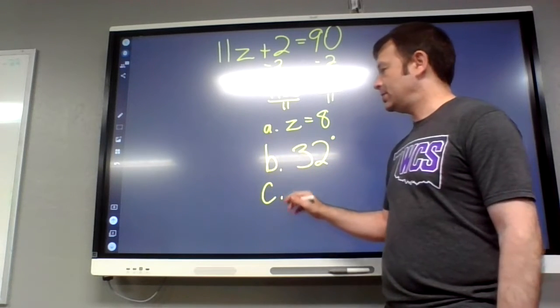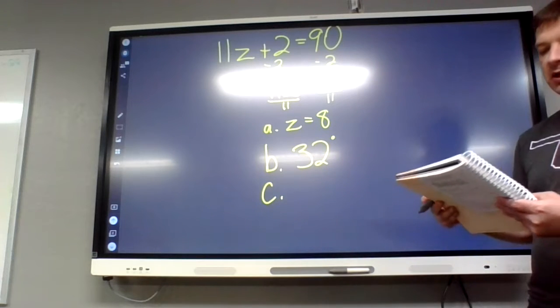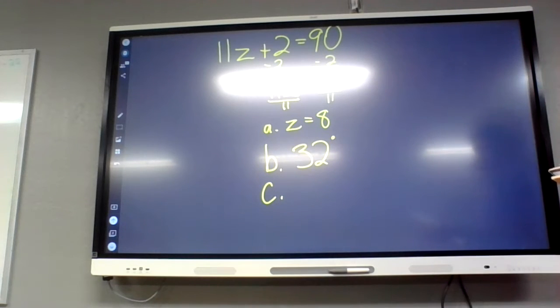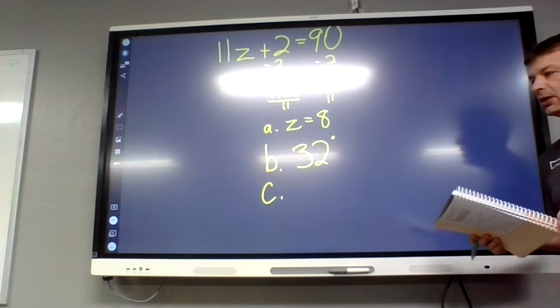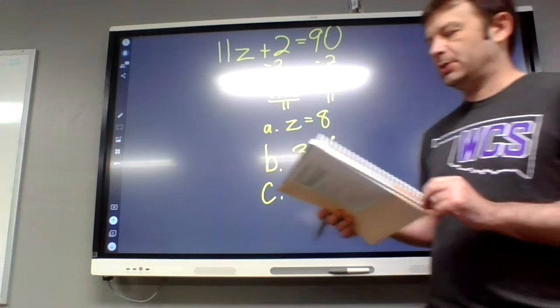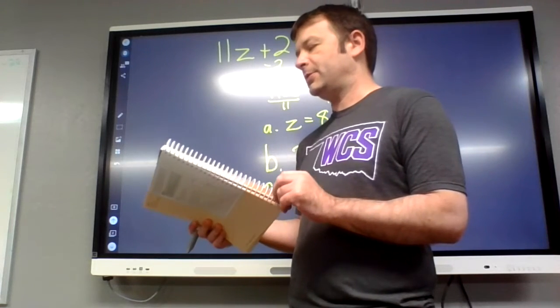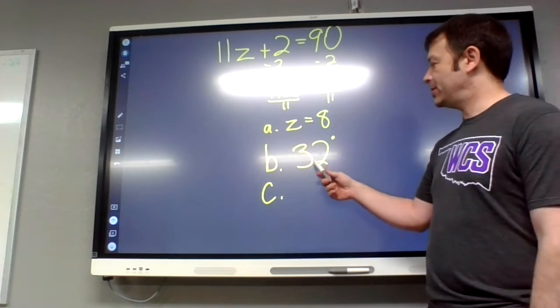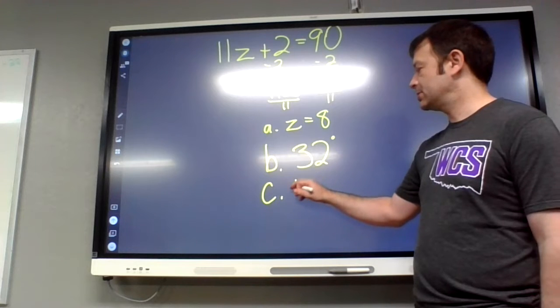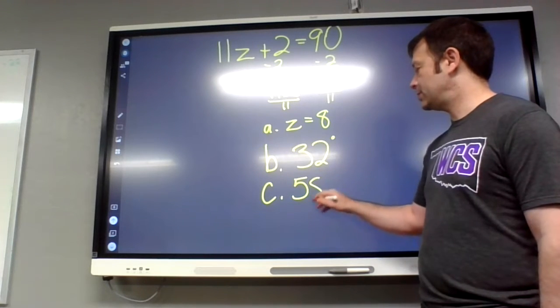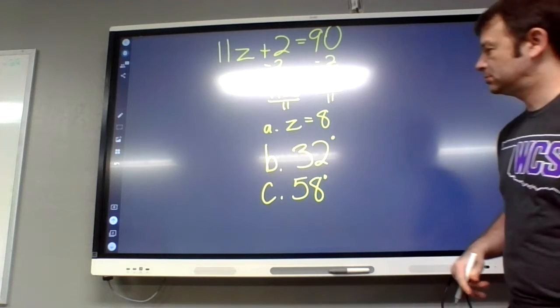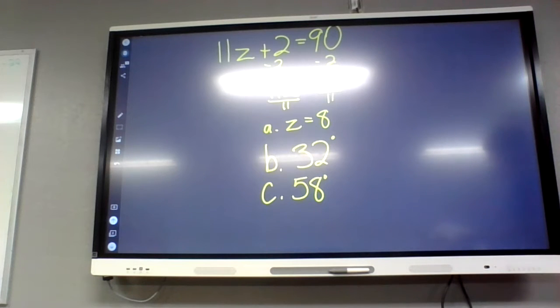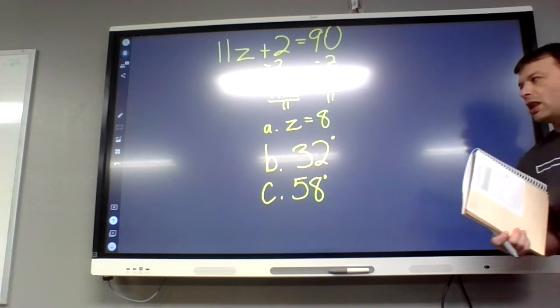And on C, it's asking for angle GHK, or JHK, the bottom angle. You could plug in the z value of 8 and figure it out, but also we know they should add up to 90. So 90 minus 32 is not 68. Oh, dang. I wrote down 58, but I just said 60.